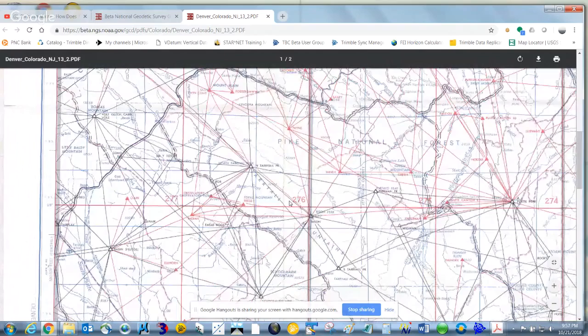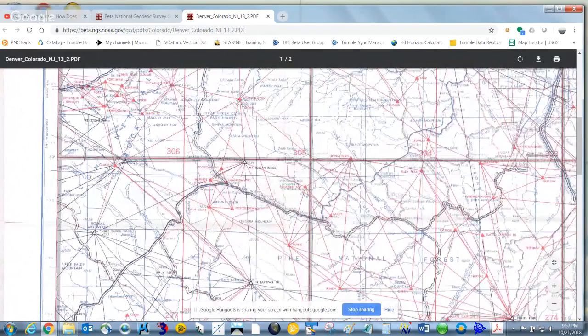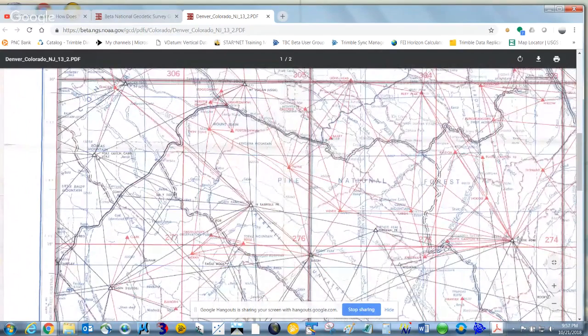Here's first order leveling. That's a first order level line. The red is USGS, the U.S. Geological Survey. The black is the U.S. Coast and Geodetic Survey.